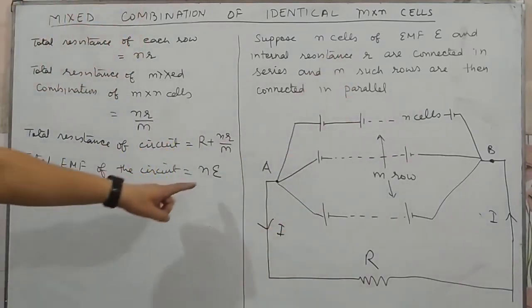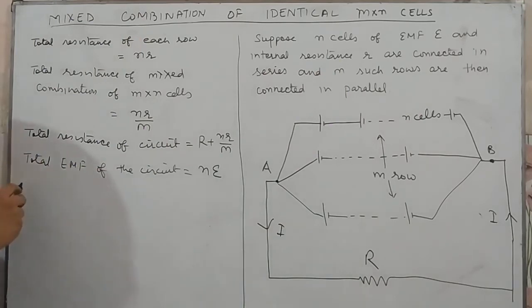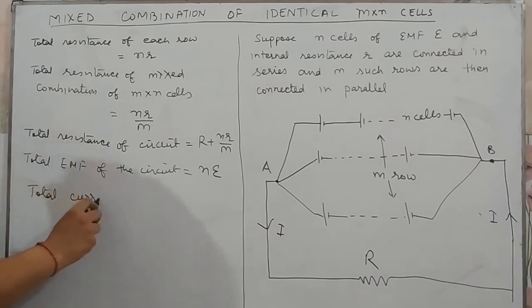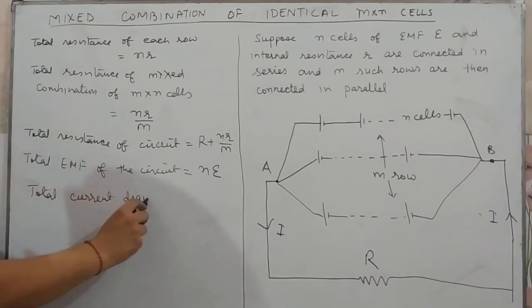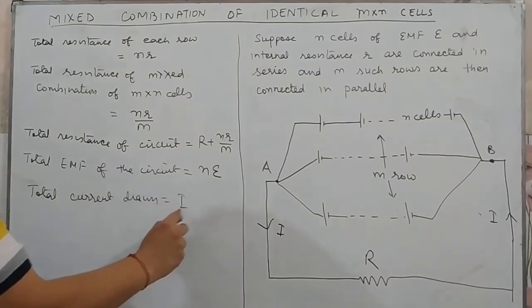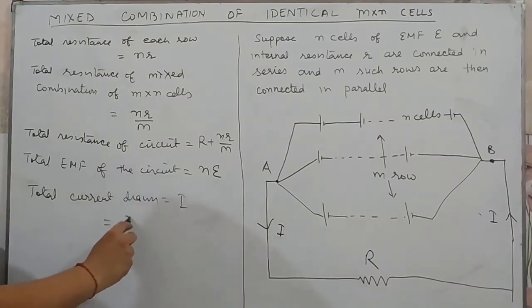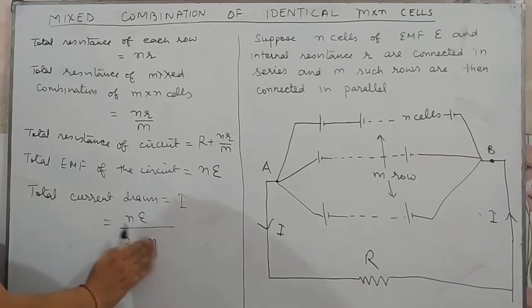Now the total current drawn is given as I, which is equal to nE divided by R plus nr by m.